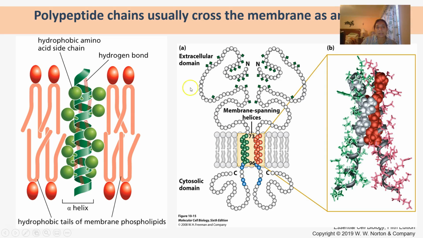In an alpha helix, you have hydrogen bonding, and the amino acid residues that are towards the inside of the helix would be hydrophilic amino acid residues. But on the outer edge, as they're rotating with the presence of these hydrogen bonds, the amino acid residues that are towards the outside are going to be hydrophobic. And those hydrophobic amino acid residues are what's keeping it integrated into that space.